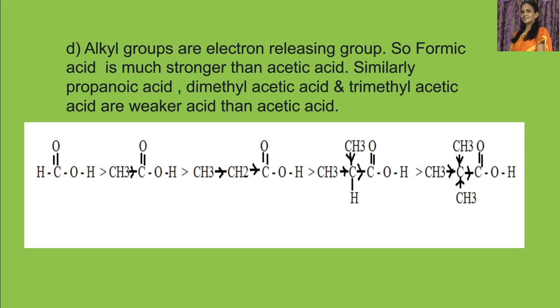Here there is still more plus I effect because of three methyl groups. Because of these three electron releasing methyl groups, this OH bond becomes even stronger. Thus, this H plus cannot be easily removed. Therefore, its acidic strength is less. So, as the plus I effect increases, acidic strength decreases.